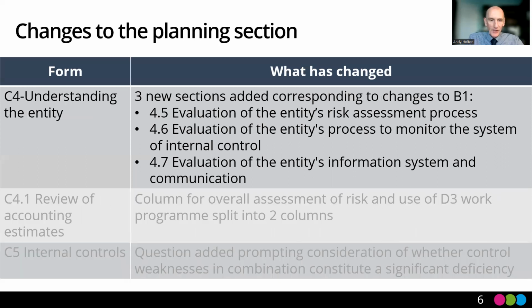So C4, as I mentioned just now, we've got 3 new sections. So evaluation of the entity's risk assessment process, evaluation of the entity's process to monitor the systems of internal control, and evaluation of the entity's information system. 3 areas where HKSA 315 specifically requires greater understanding of the process and evaluation as that feeds into risk assessment.